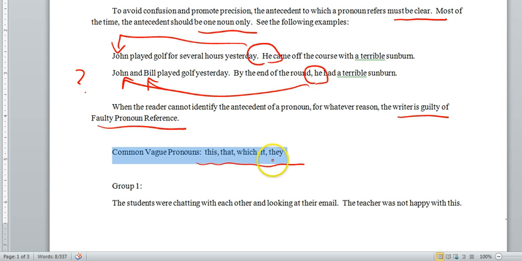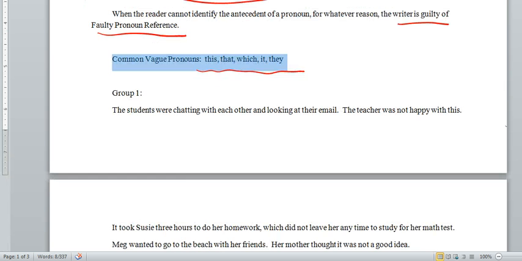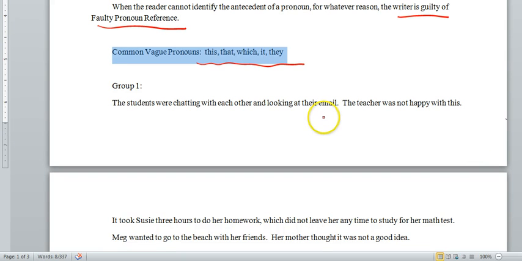That is, when you use a pronoun, the antecedent to which it refers should be clear and should be one noun only. Now consider the following group of sentences. In group 1, the students were chatting with each other and looking at their email.